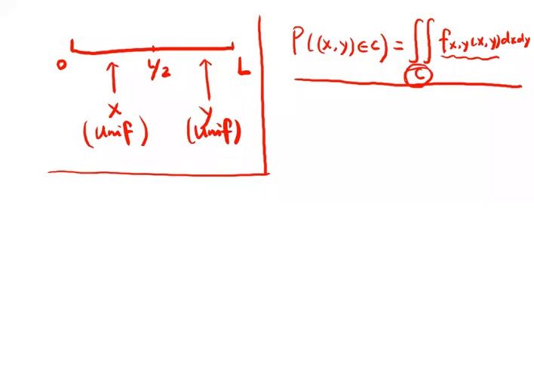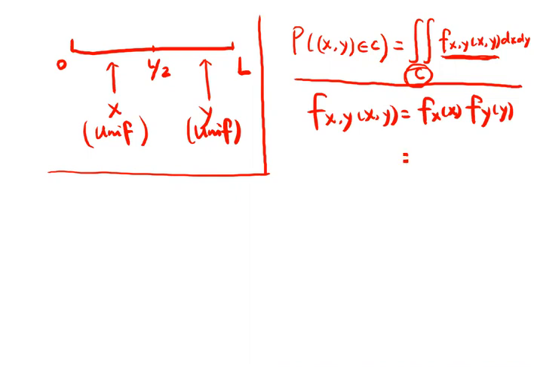So first of all, the density. The question tells you that they are uniformly distributed independently from each other. So by the independence, we know that the joint should be the product of the marginals. Okay?